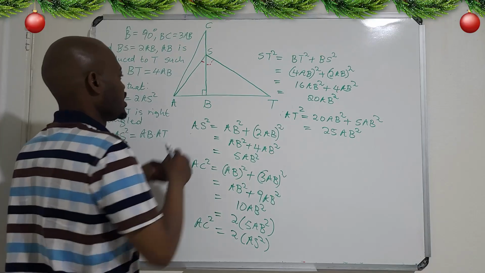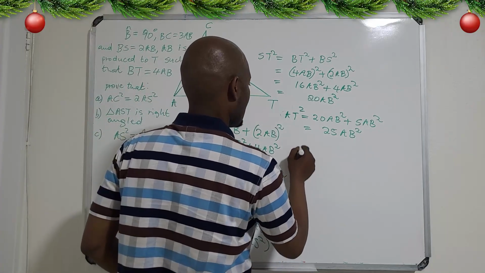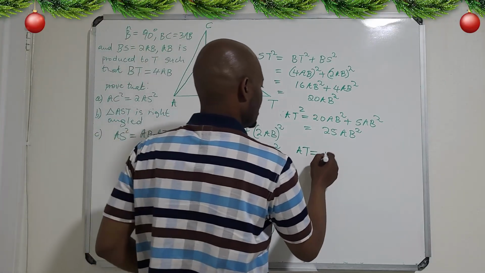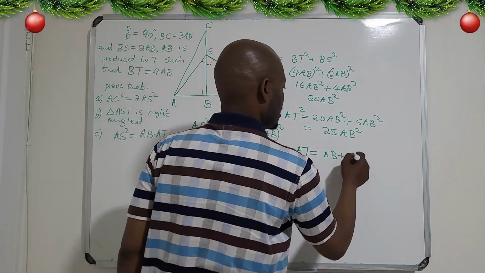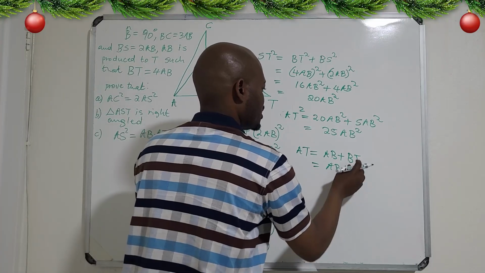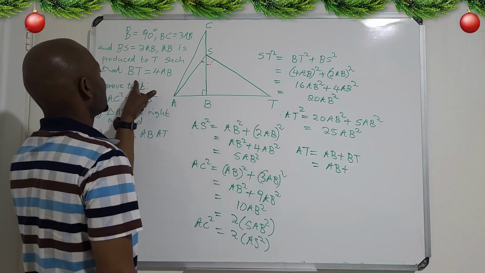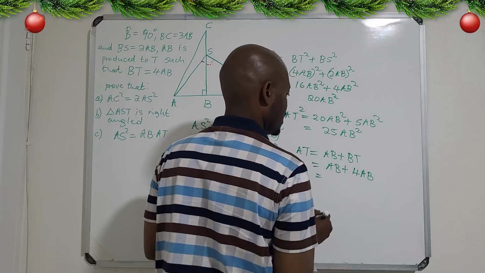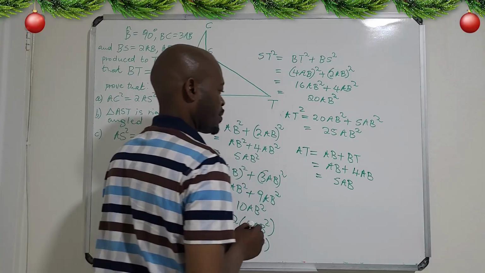Now, let's look at this. AT is equal to AB plus BT. What is BT? BT is 4AB, which is equal to 5AB.